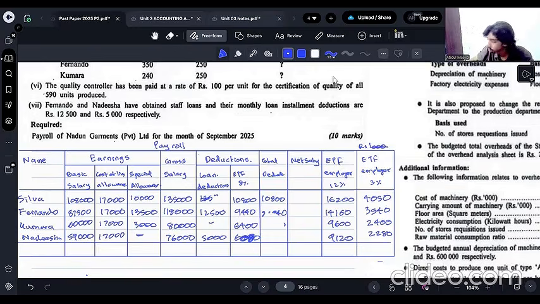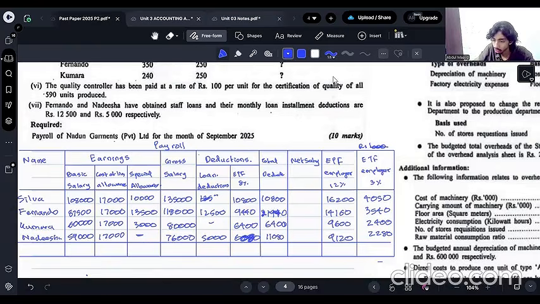Here it was 21,940. Here 6,400. And the last one is going to be 11,080. Okay. Then now we'll find the totals.